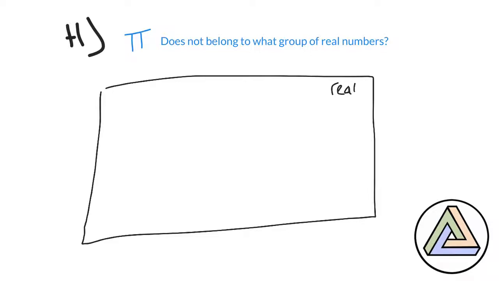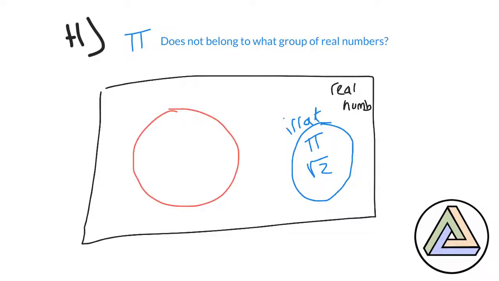Real numbers, yay. And this is irrational numbers. We'll call it RRAT. So pi is definitely in there, right? And then we have rational numbers over here.